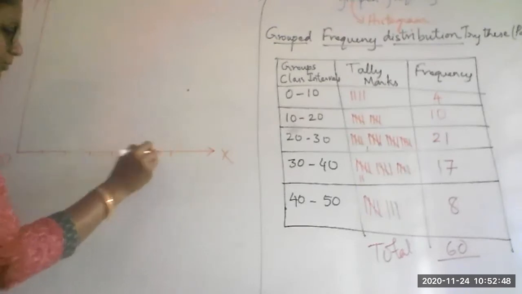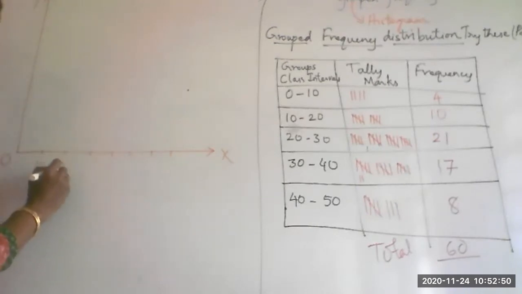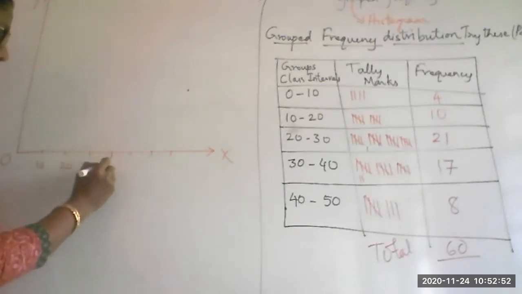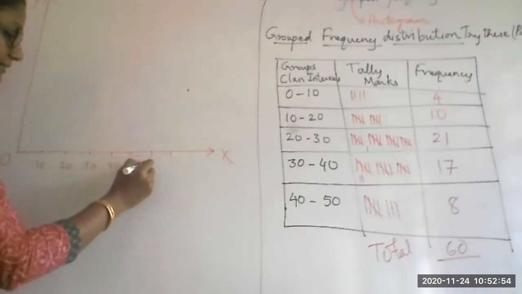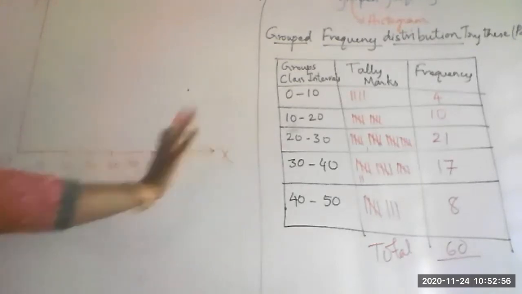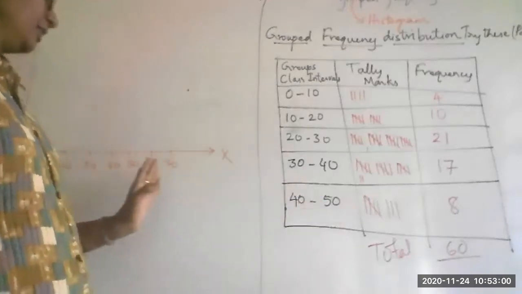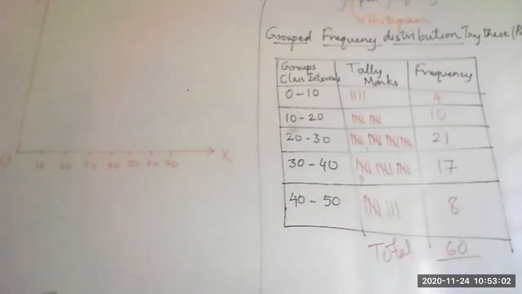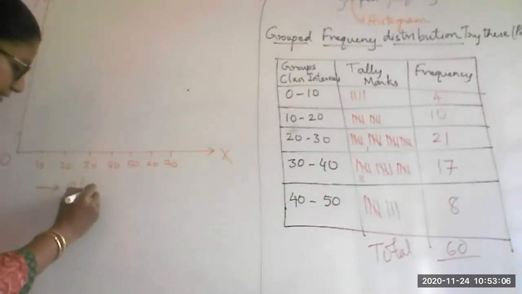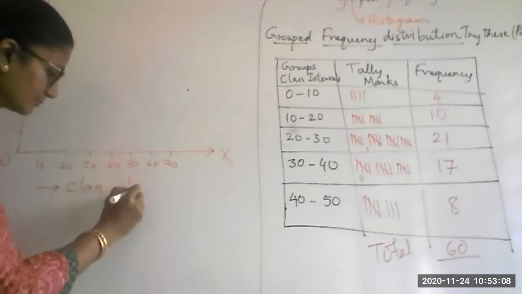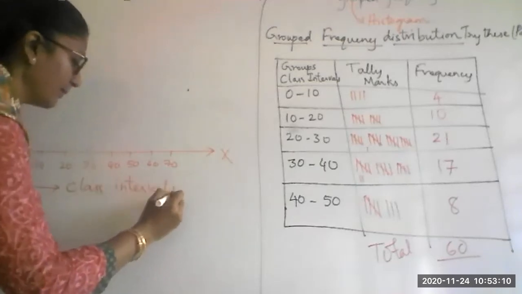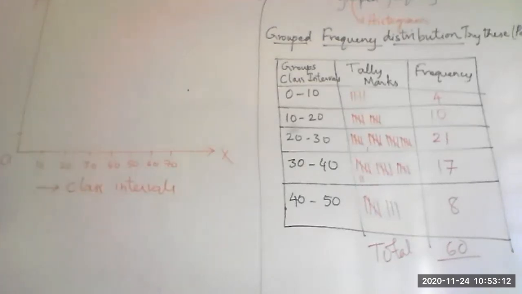You have started with 0, then it will be 10, 20, 30, 40, 50, 60, 70 and so on. It is enough if I have till 50 because my maximum score is 50. So maybe you can maintain 2 or 3 more. Then on the y-axis, so on the x-axis, what you are marking is the class intervals. On the y-axis, you will be marking the frequency.